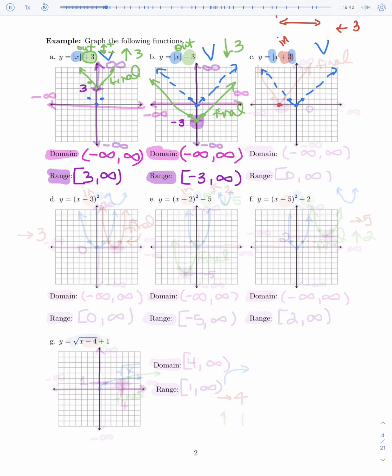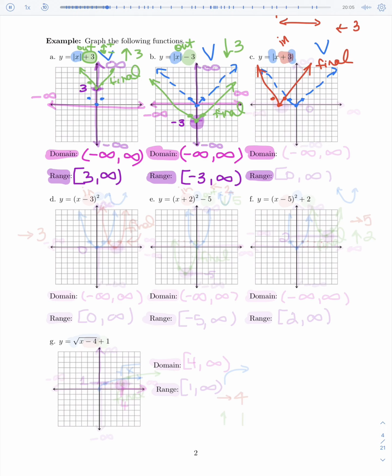And 1, 1 will be at -2, 1. And then that will be the same V shape, but that will be our final graph because it was shifted to the left 3.